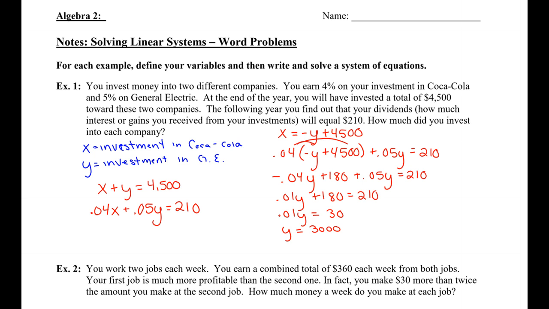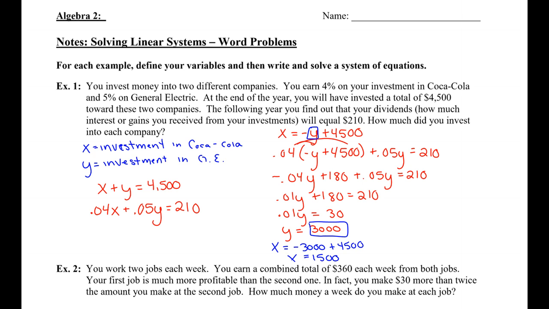I'm going to take this and I'm going to plug it in for my simplified equation for x. So I get x equals negative 1 times 3,000 plus 4,500, or x equals 1,500. Now that I know what x and y equal, I can go ahead and write my final answer.